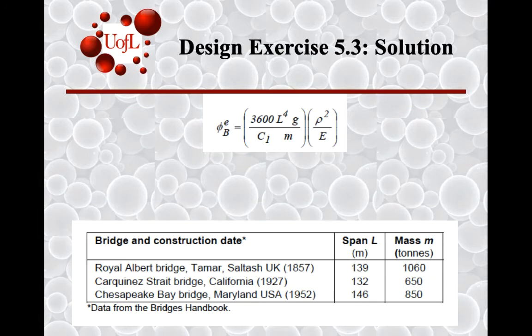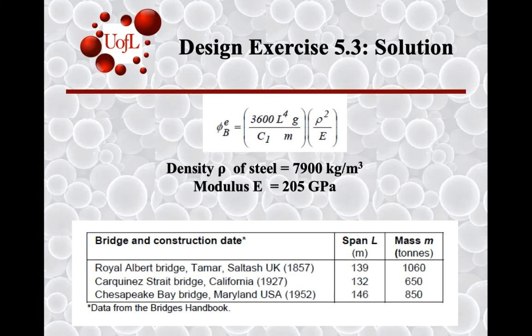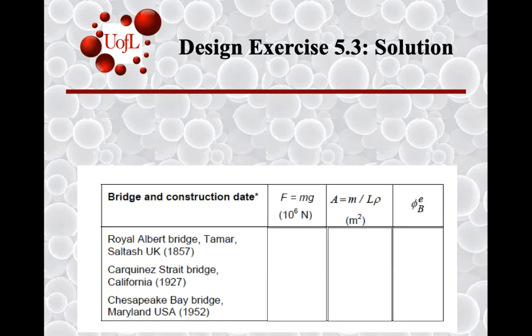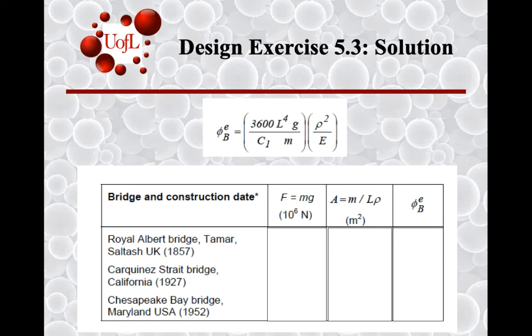So, how do we use this equation? We know the density, we know the modulus, and C1 for a uniformly distributed load as an assumption is 384 by 5 or about 76.8. We just need to make sure that all these funky units in tons and so on and meters are all brought together in a similar manner, right? So that you can get newtons, and then you can get some simpler units for phi b.